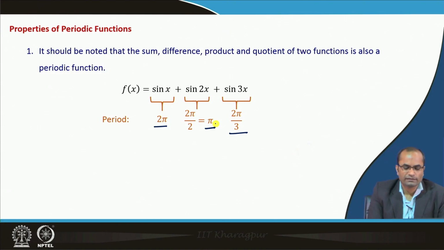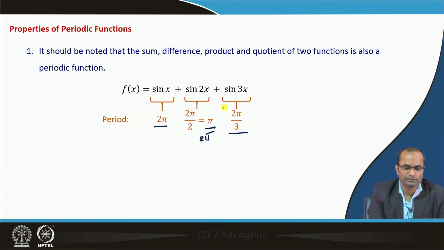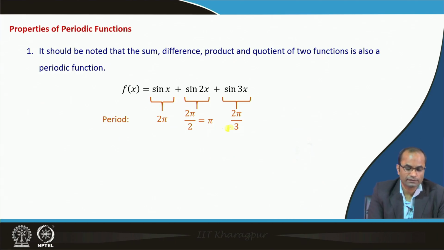So if pi is the period, then n pi is also a period. Here 2 pi is also a period of this function, and for sin 3 x, if I multiply by 3, again 2 pi is also a period. So the common period of all three functions is 2 pi.